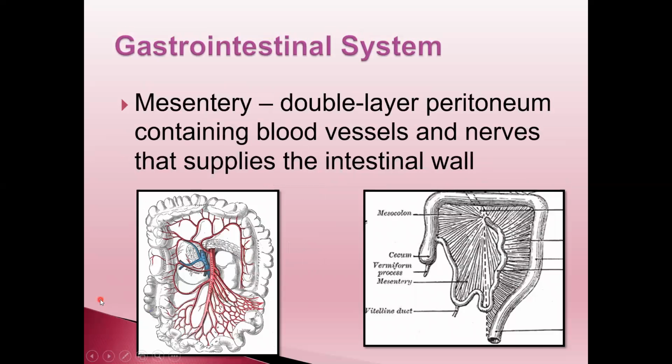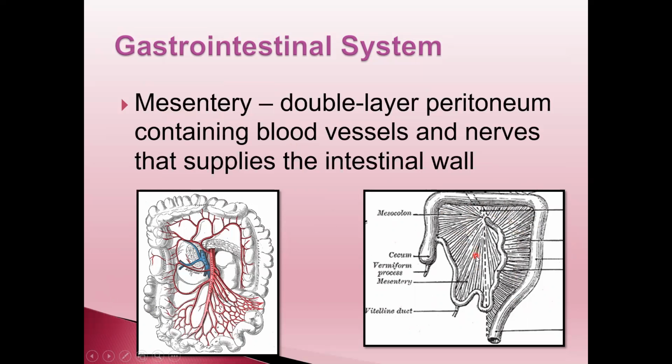So moving right along here, we talk about the mesentery. The mesentery is a double layer peritoneum containing blood vessels and nerves that supply the intestinal wall. The mesentery is actually attached to the posterior wall. And what it does is the parts of the intestines, and I'm not going to name them right now, are suspended in these loose folds, and this is the mesentery.